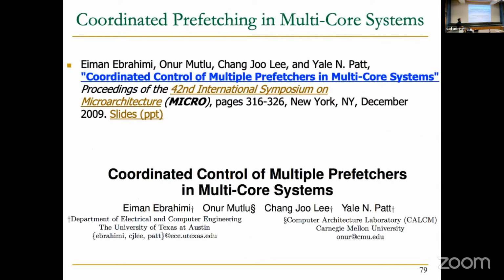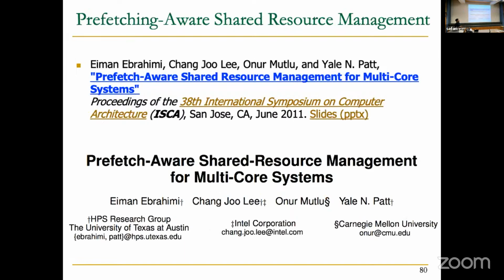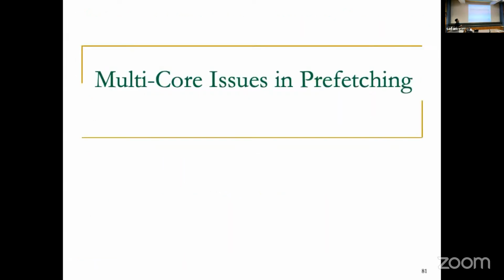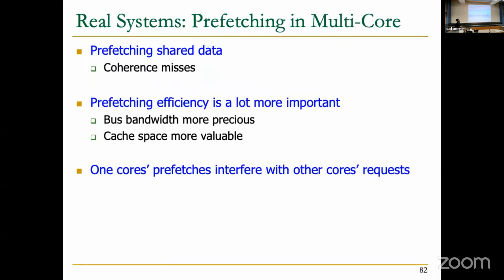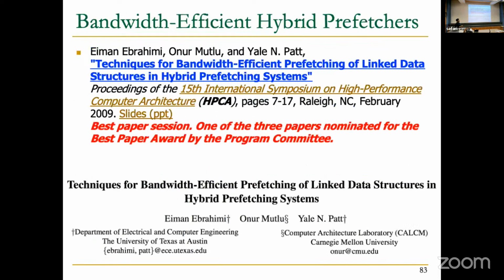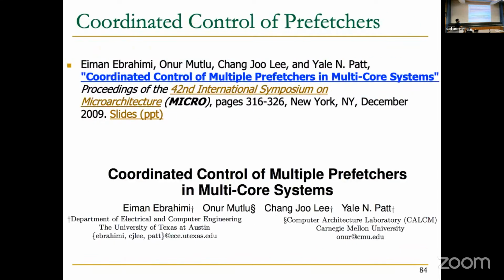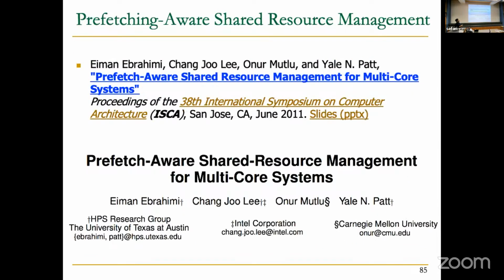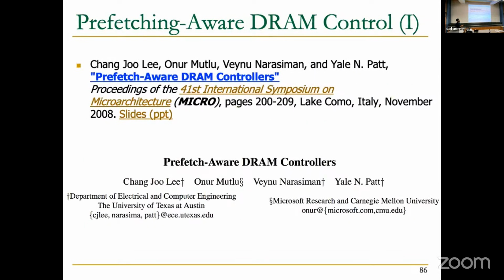All of a sudden your design space becomes wide, right? How would you coordinate the prefetchers in multi-core systems? How would you coordinate prefetcher shared resource management? There are lots of techniques that we can use in these cases, like memory bandwidth. This one we have talked about: coordinated control for multiple prefetchers in multi-core systems, prefetcher shared resource management like memory bandwidth, memory controller management, and prefetcher-aware DRAM controllers.